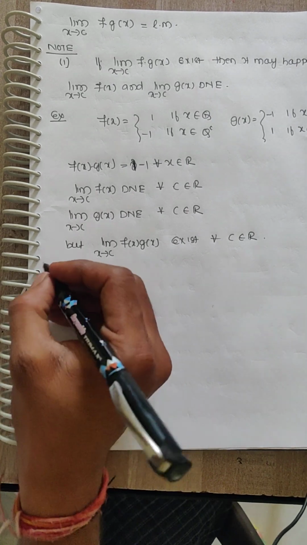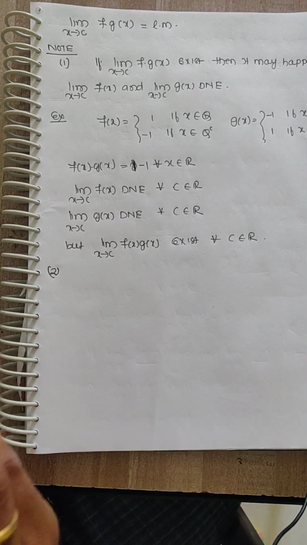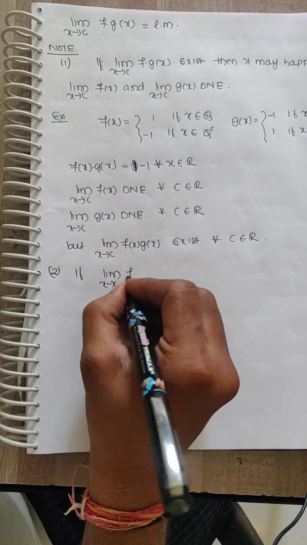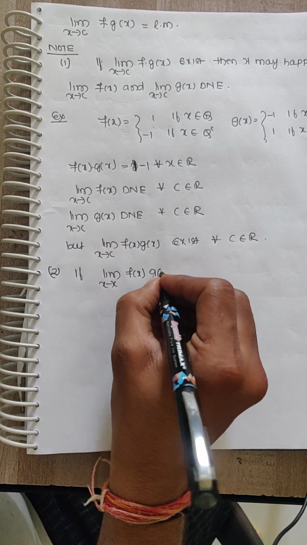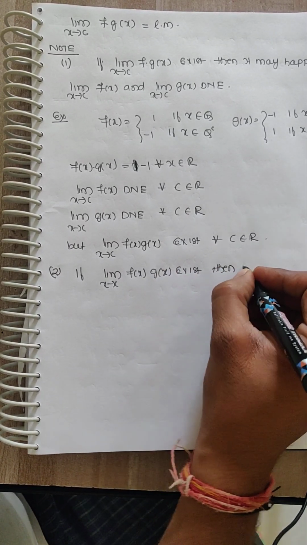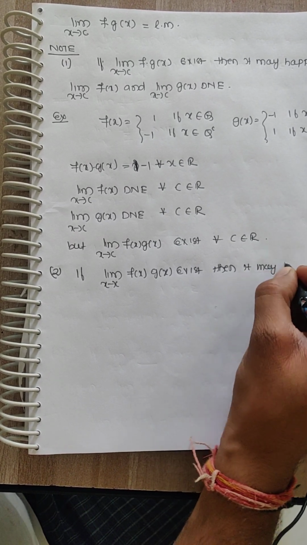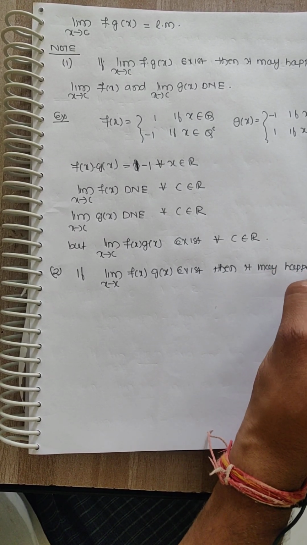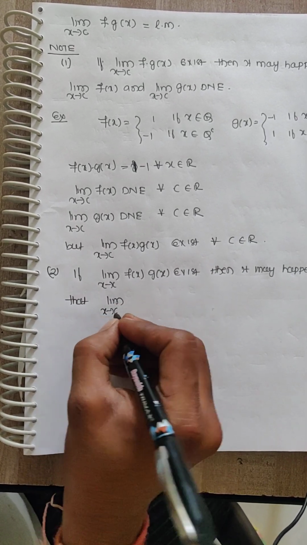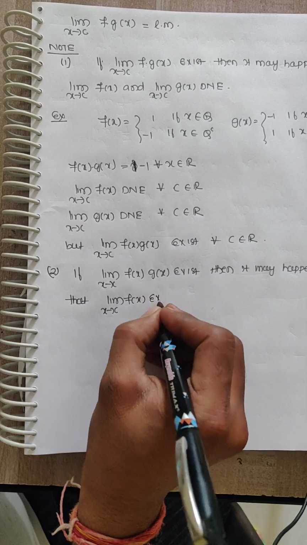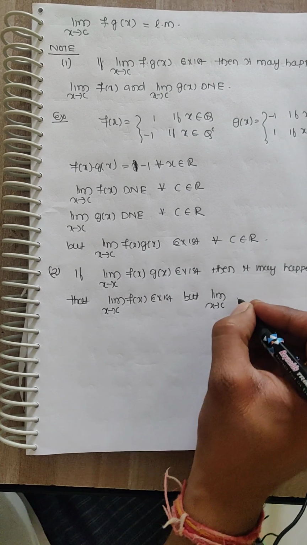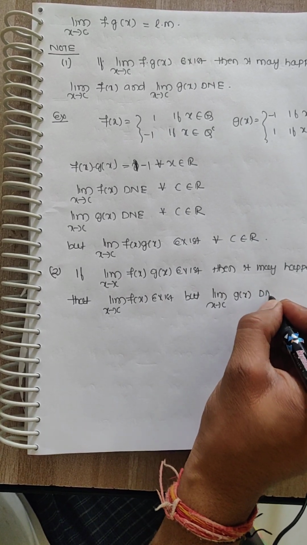Now the second note point: it may happen that if the limit as x tends to c of f(x) into g(x) exists, then the limit of f(x) exists but the limit of g(x) does not exist.